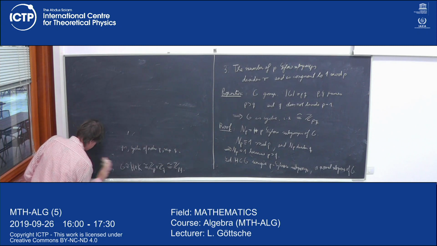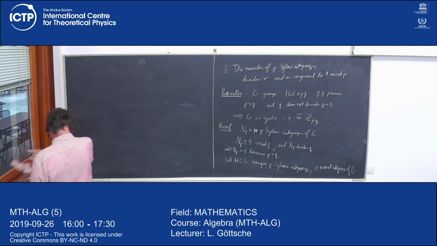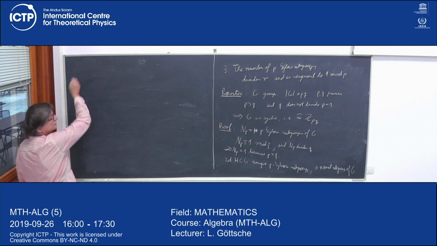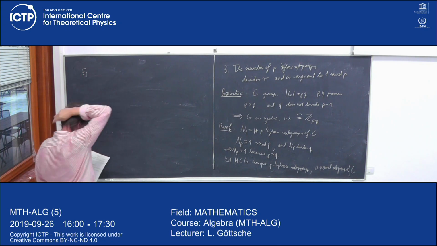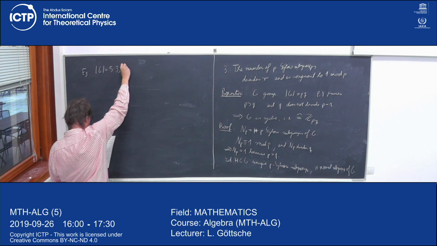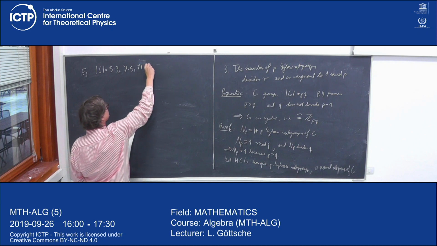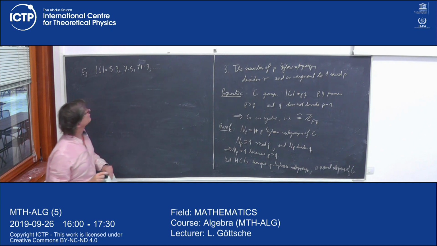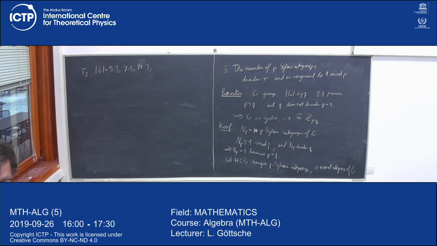And just to see that, obviously this applies quite often. So, in particular, if the number of elements of G is like 15 or 35, 55, 33, and so on, in many cases we are in this situation, and we get that the group is cyclic.